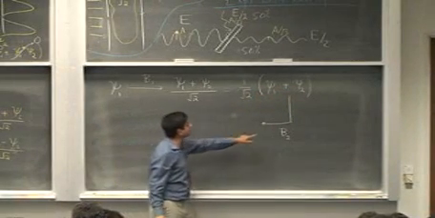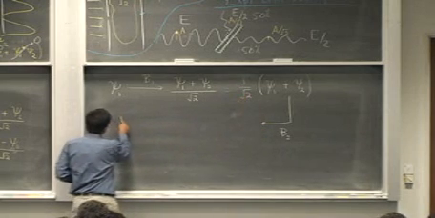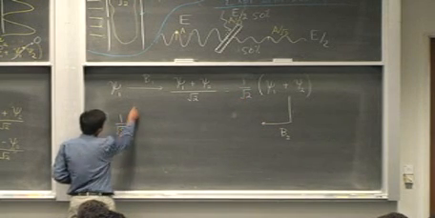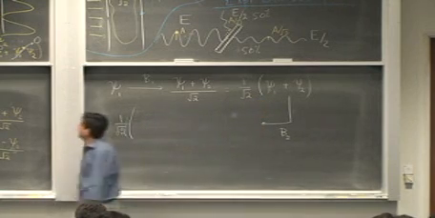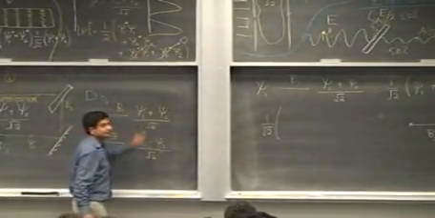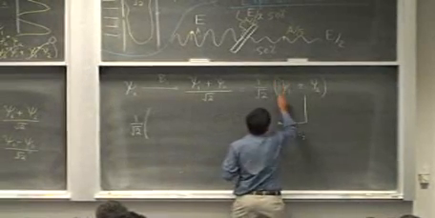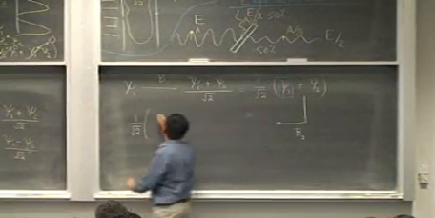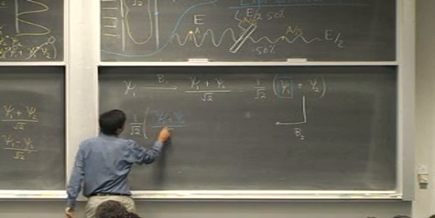Now what this beam splitter does nothing to is the 1 over under root 2. What does it do to psi1? B2 acting on psi1 produces psi1 plus psi2 over under root 2.